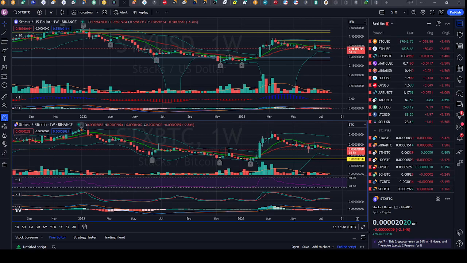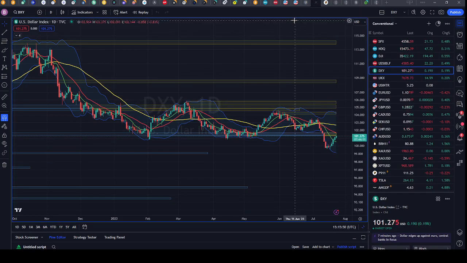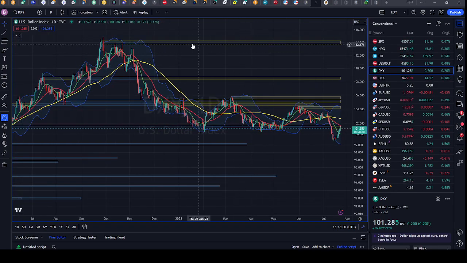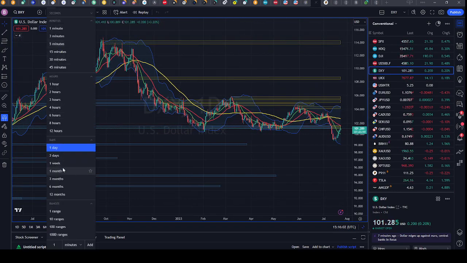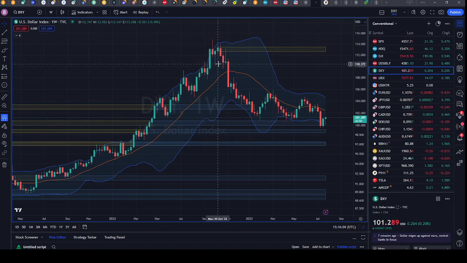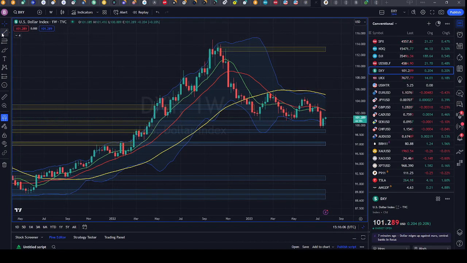I did want to look at the Dixie real quick. It makes sense to see this pumping. It kind of runs inverse to Bitcoin. I do think though that on the weekly we're still in a confirmed downtrend, and this is just going to keep playing out.